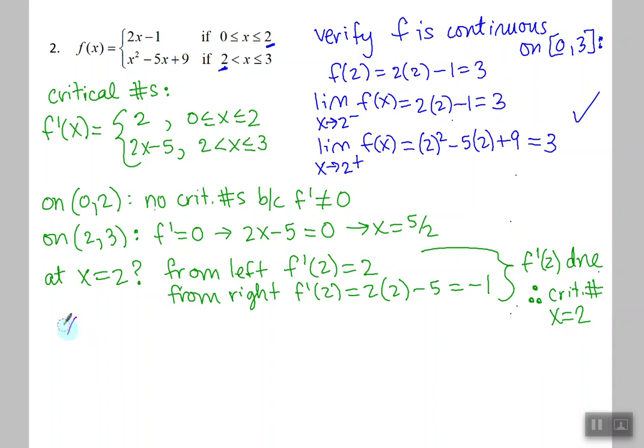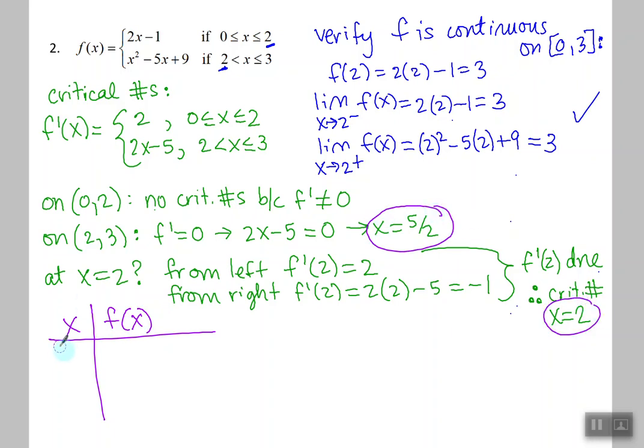Now we plug into our t-table the x values into the function values. And we've got two critical numbers, x equals 5 halves and x equals 2. So 5 halves and 2. And then we have two endpoints, 0 and 3. Now we just have to be careful that we plug them into the correct spots. So plugging in 2 goes into that first expression.